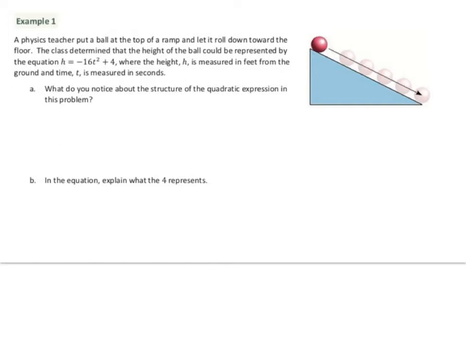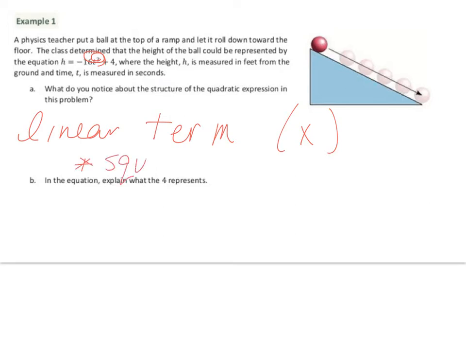We know it's quadratic because of that squared right there. What we're missing is what's called the linear term, which is the x term. That's to the first power, therefore it's linear. So we just have a square and a constant.